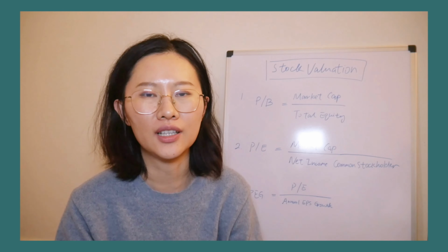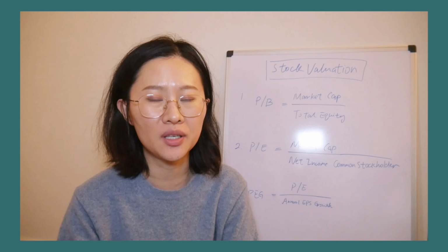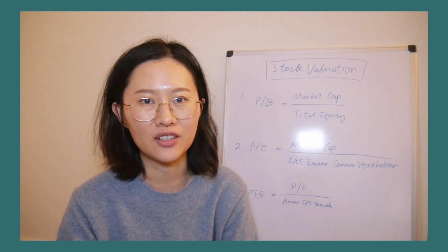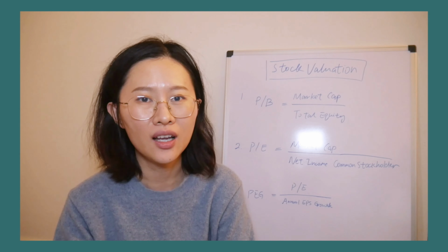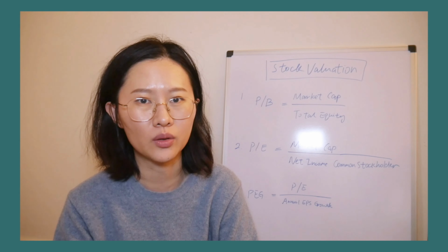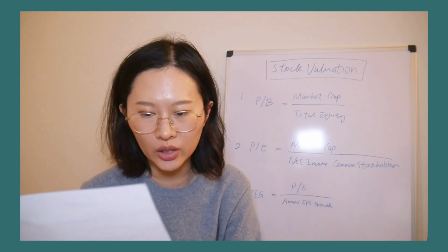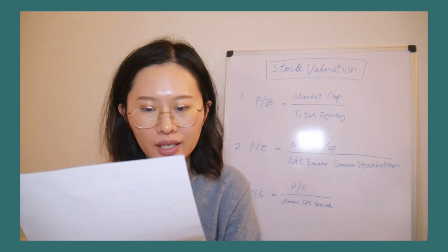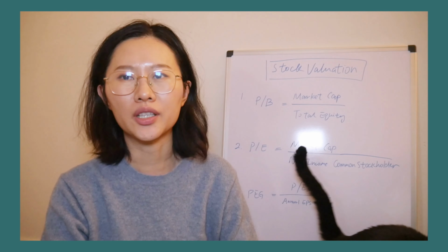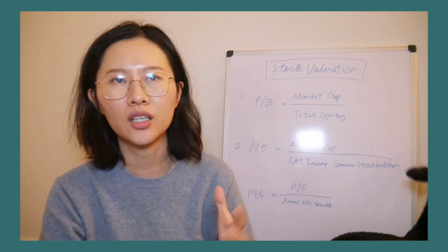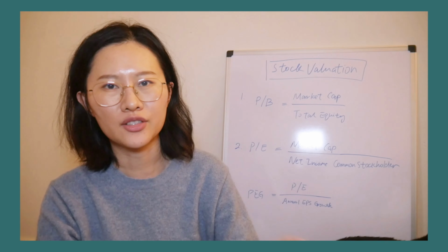So first, a lot of investors like to use PB as a valuation method to measure whether the stock is currently trading on the higher end or the lower end. PB is calculated by using market capitalization divided by total equity. Total equity we can calculate by using total assets minus total debt.